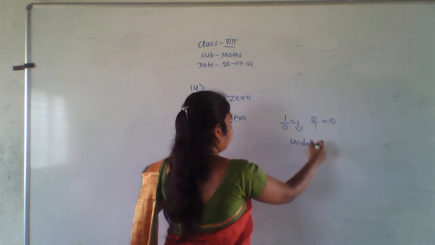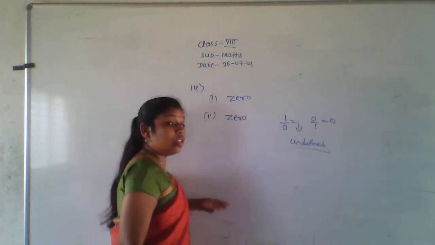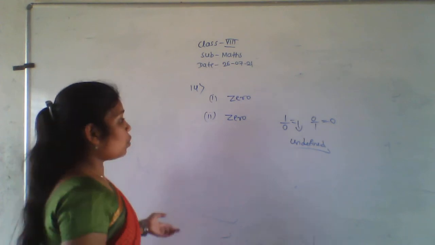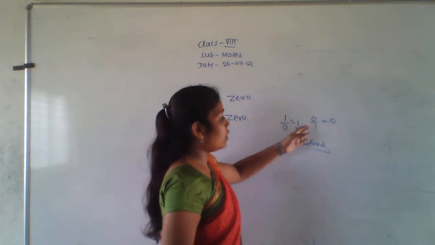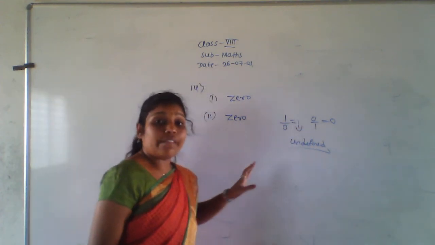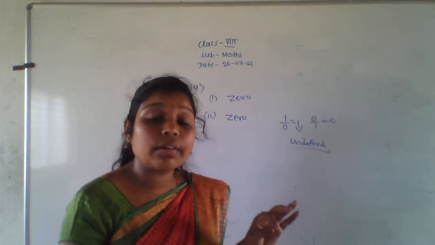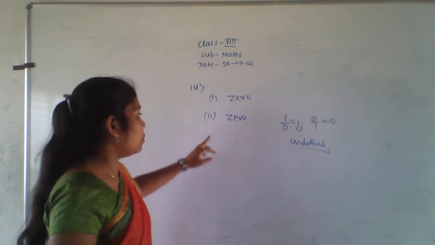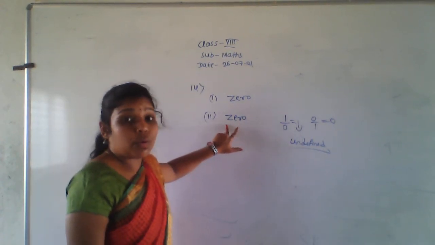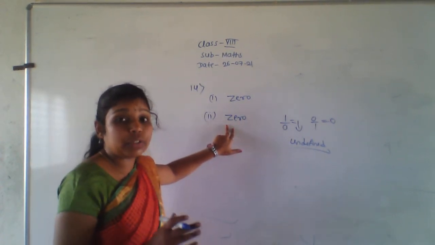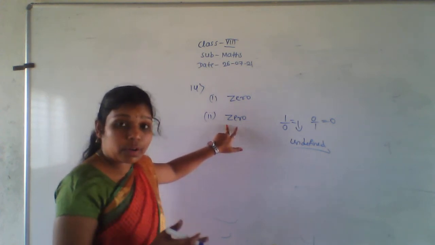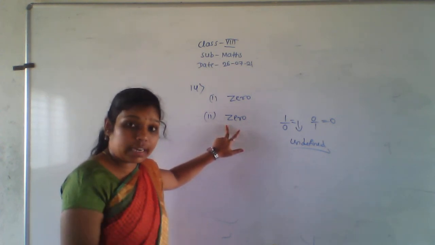Undefined. Okay, undefined means not defined. So which rational number has an undefined reciprocal? That is nothing but a 0. Only 0 is the rational number whose reciprocal is not defined.